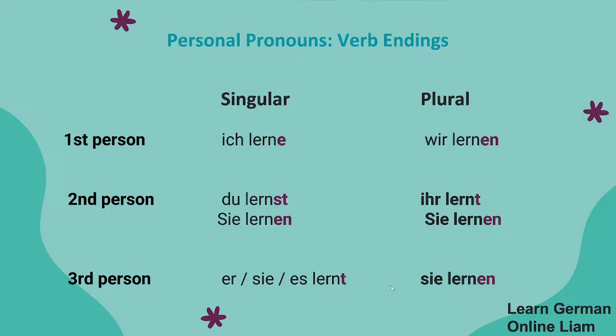It's the same. And if we are going to talk about more than one boy, or boys in a school, then sie lernen. If I'm talking about students in the next street, saying there are many students learning German, then I'll be using sie lernen Deutsch, third person plural.